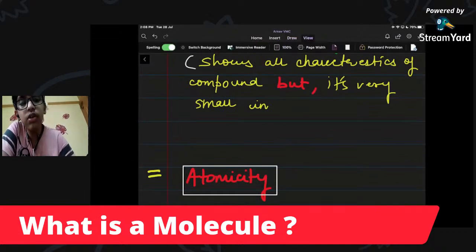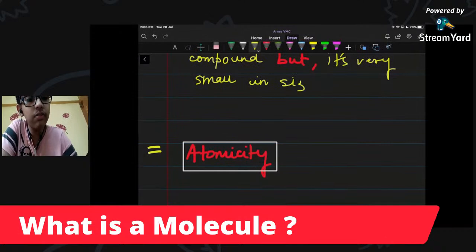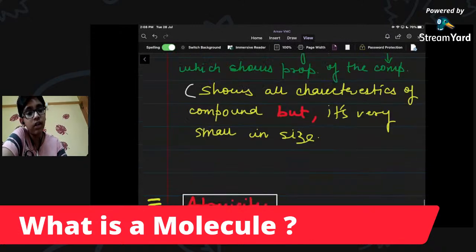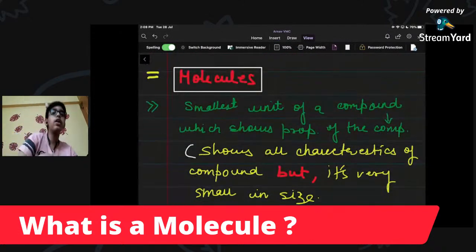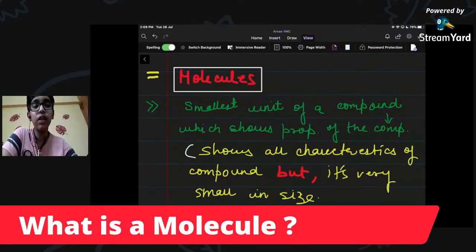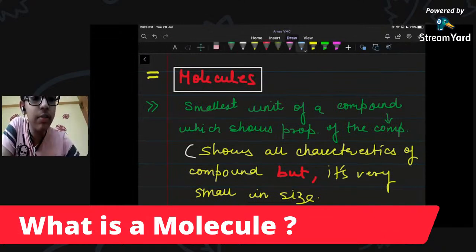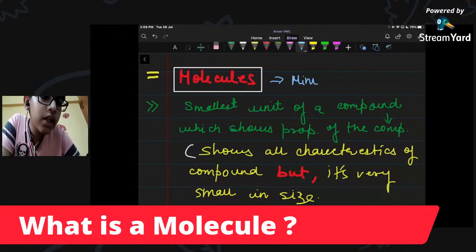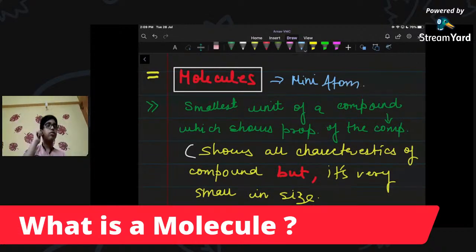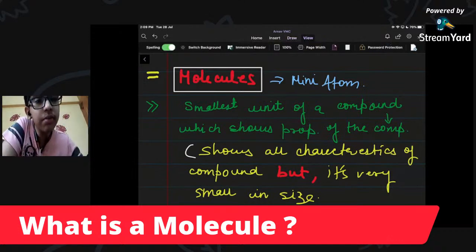So in a way, you can say that it's a mini compound because it shows all the characteristics of a compound, but it has a very small size. You all should remember this, that it's also called a mini atom. For reference, you can see it: mini atom. तो आप लोग इसको मिनी एटम भी बोल सकते हो. It's not a big deal.